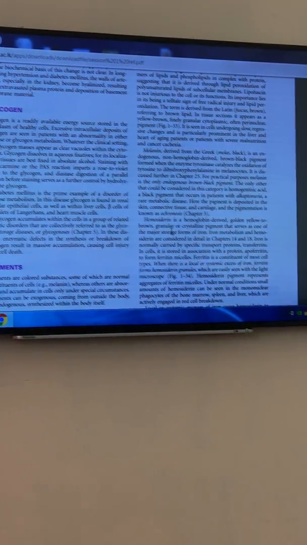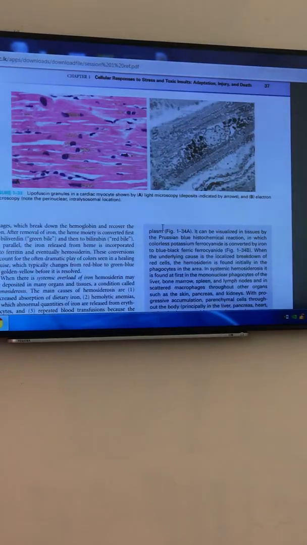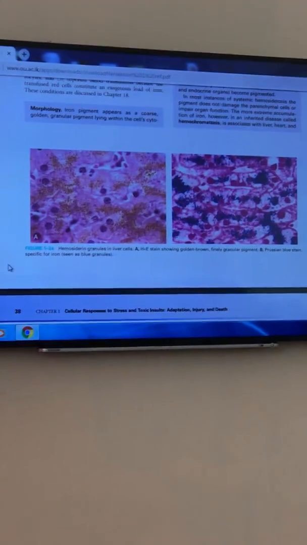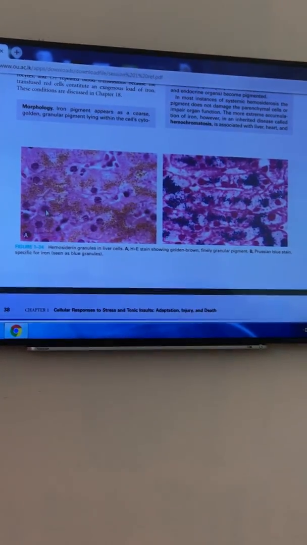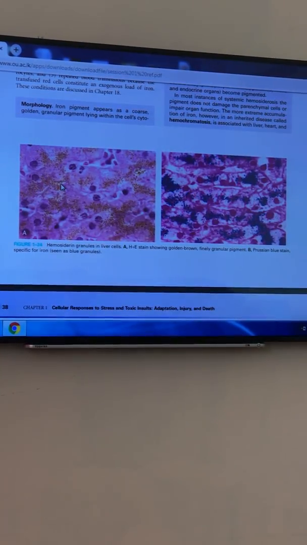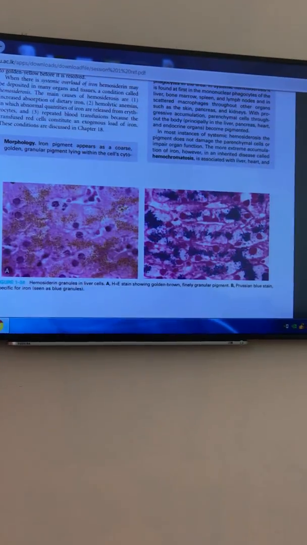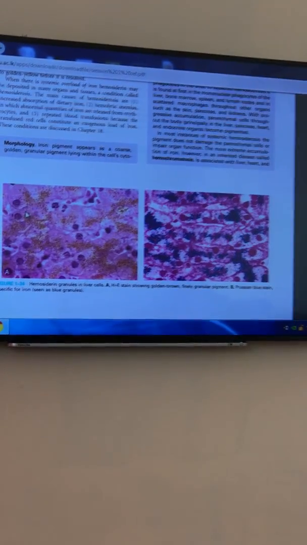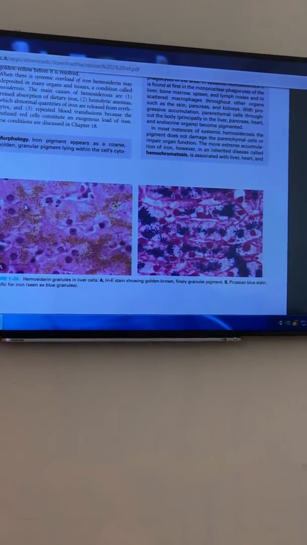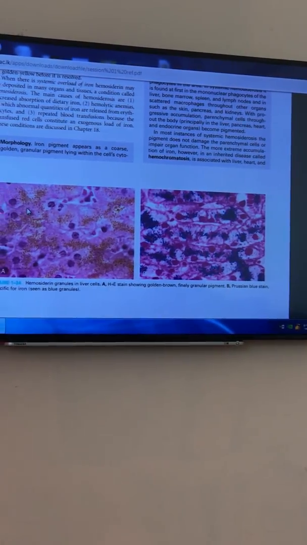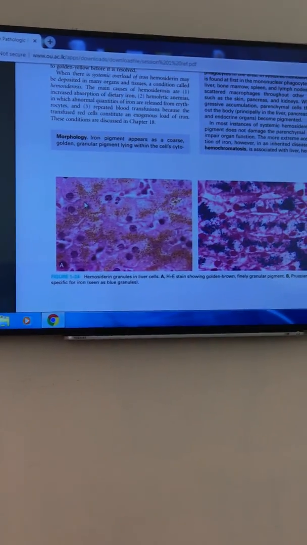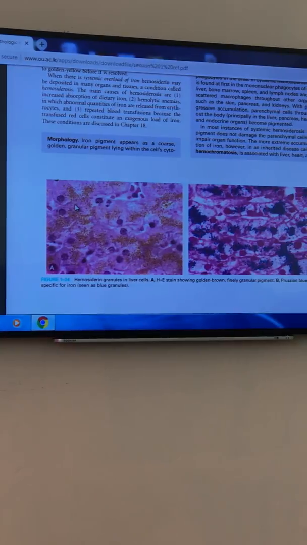Another pigment is hemosiderin. Here in this picture, this is liver tissue. You see that it's nearly similar to lipofuscin. It's present in hepatocytes, which are bigger cells. So how can we diagnose whether this is iron in hemosiderin or lipofuscin?